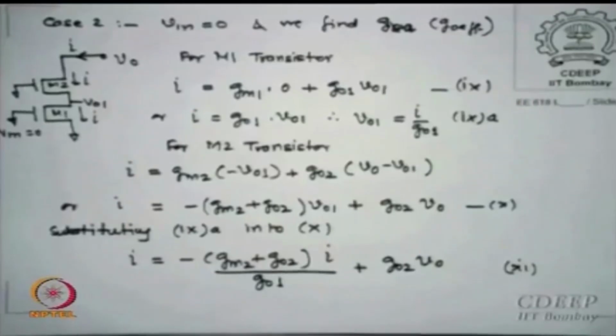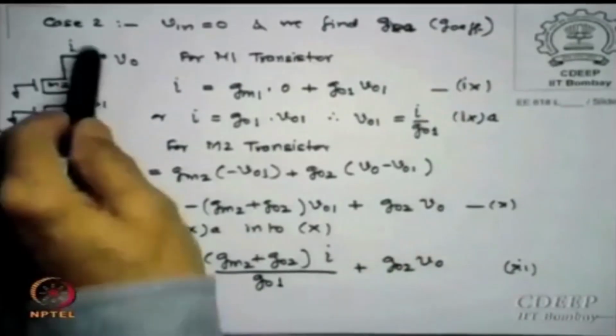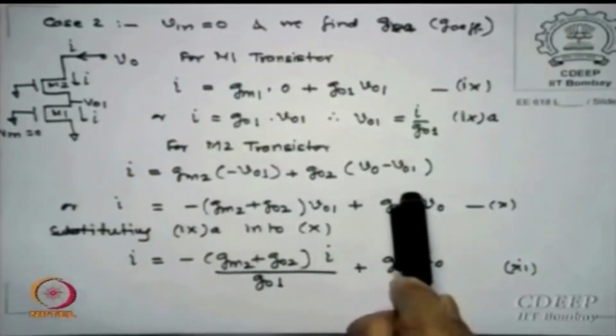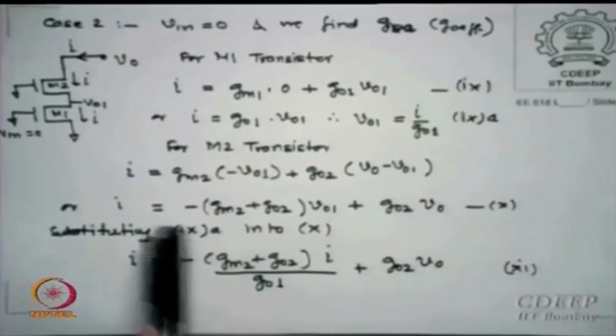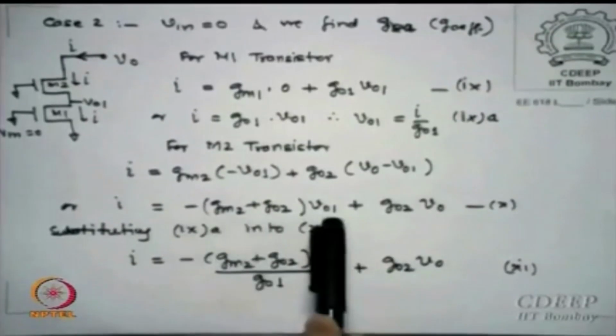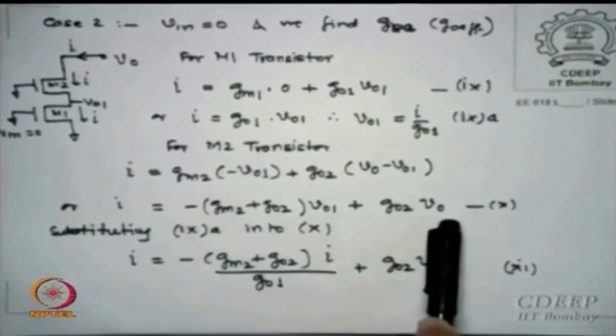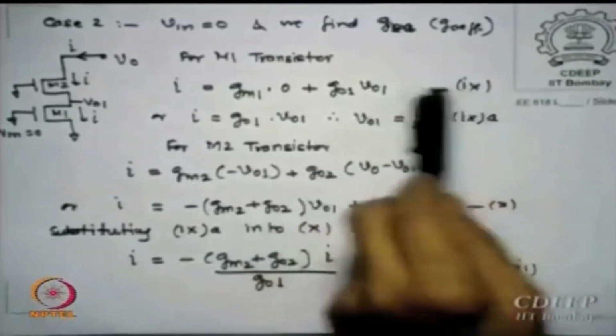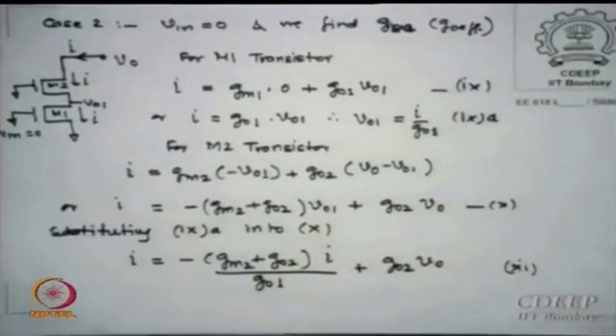How much is Vgs? 0 minus Vo1, so minus Vo1, and Vds is Vo minus Vo1, so go2 times Vds. I collect the terms again: minus gm2 plus go2 into Vo1 plus go2 Vo, just collecting the Vo1 terms, and then substitute Vo1 from this into the second one.